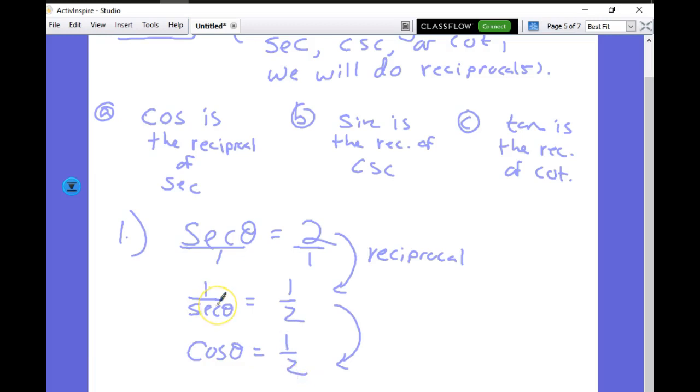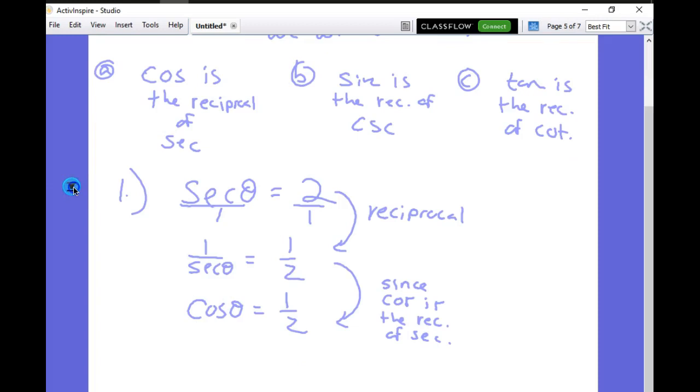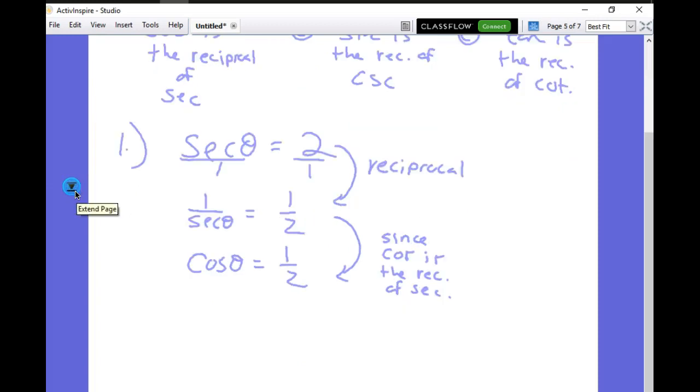So I can replace this with cosine. And now we would just solve it like we normally would. We ask ourselves, where does cosine equal a half? That would happen at 60 degrees and also at 300 degrees. So anytime you're doing secant, cosecant, or cotangent, you're going to do the reciprocals.